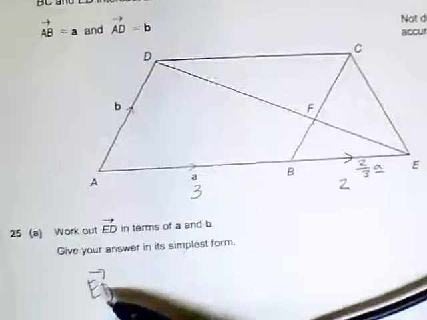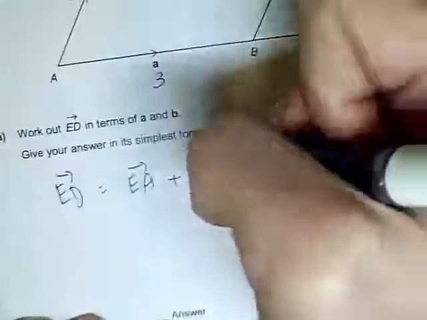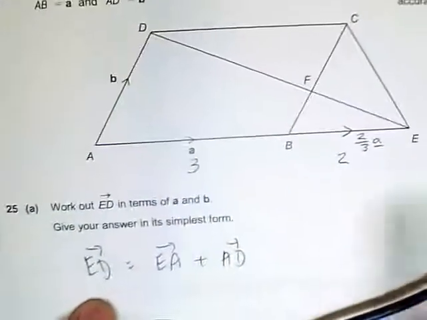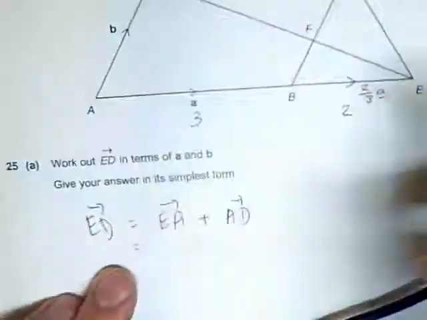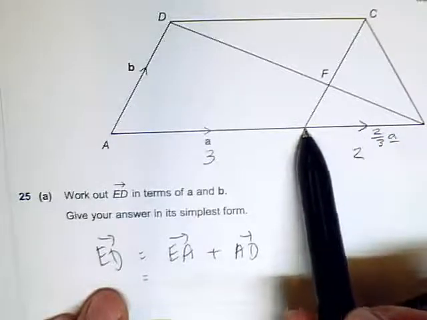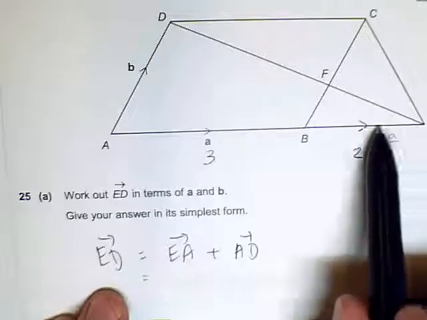So I'm going to go from E to D by going E to A, then adding my journey from A to D. So to go from E to A, I would do minus 2/3. The reason why it's minus is because I'm going in the opposite direction.